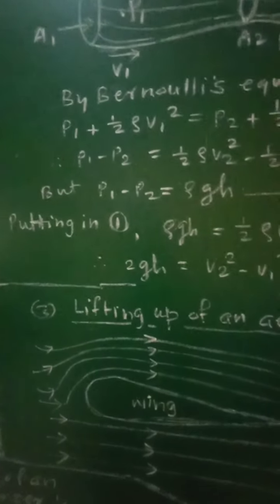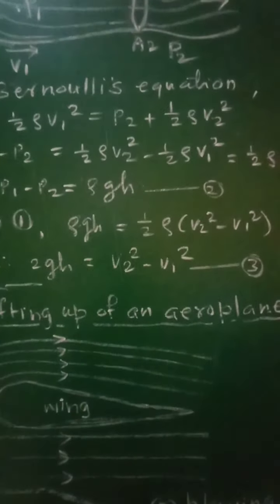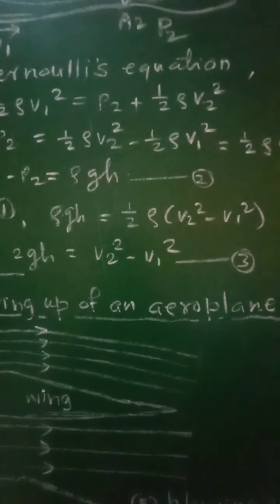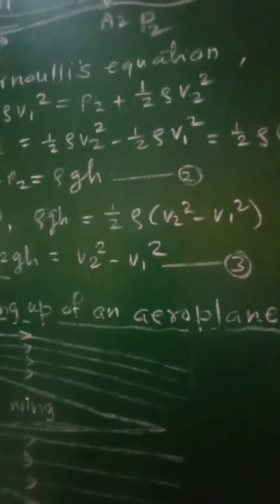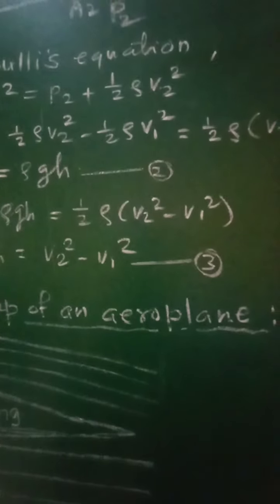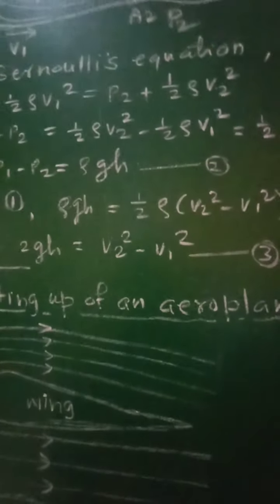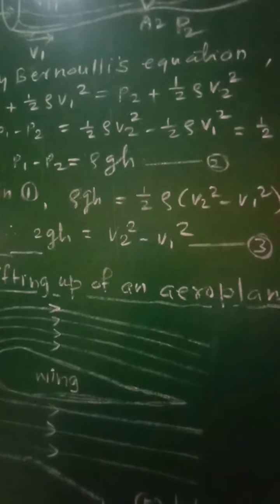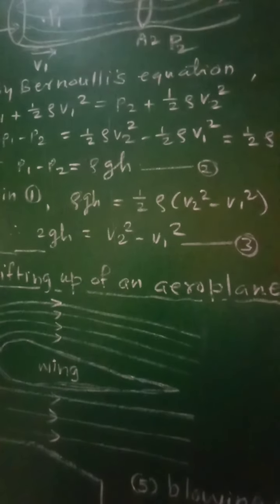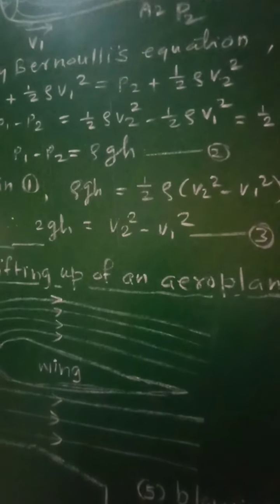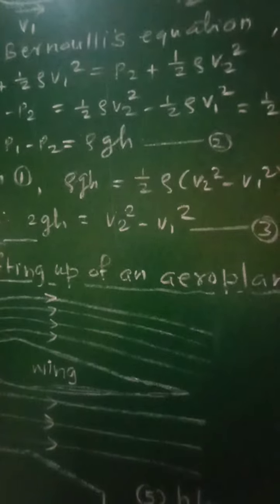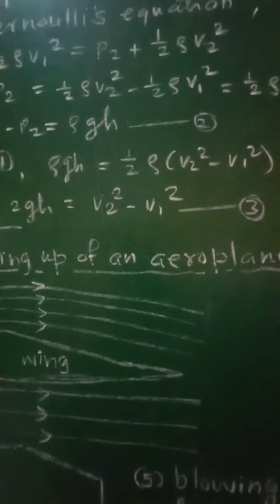Now putting this value in equation 1, in place of P1 minus P2 we put rho GH. So rho GH equals half rho into V2 square minus V1 square. Neglecting rho and multiplying throughout by 2, we get 2GH equal to V2 square minus V1 square, equation number 3.